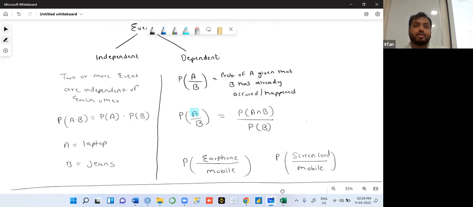You have written independent, and now you have written dependent also. After dependent, don't leave the page. Write this explanation.